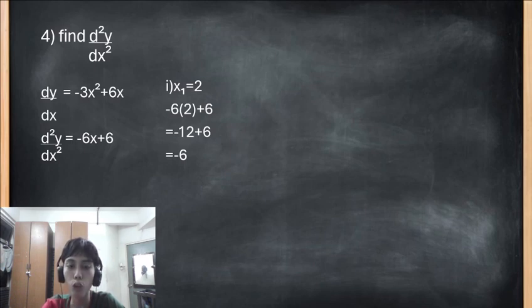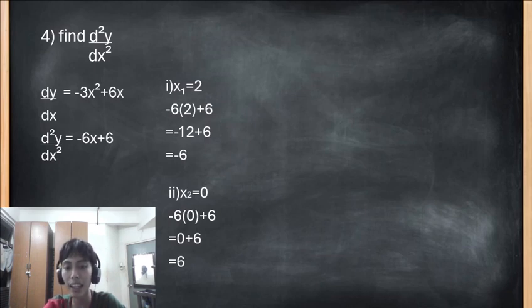Same solution for the minimum point, where we will use x2, which is 0. So we do the same calculation, with the difference that we use x2, which is negative 6 times 0 plus 6. At the end of the calculation will be 6.